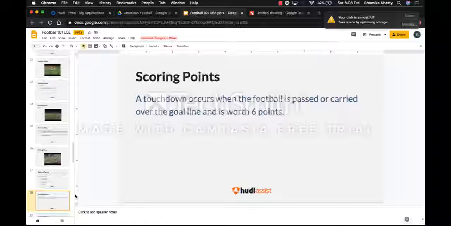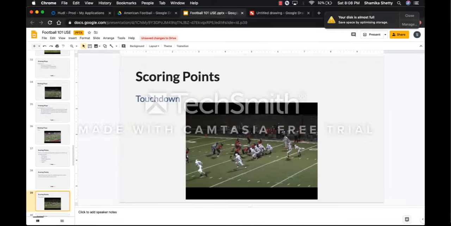So whenever any player crosses the goal line and moves into the end zone, or has passed the ball to some other player who has crossed into the end zone and touched the ball to the ground, that is a touchdown, and that is worth 6 points for that team. You can watch some videos for a touchdown.